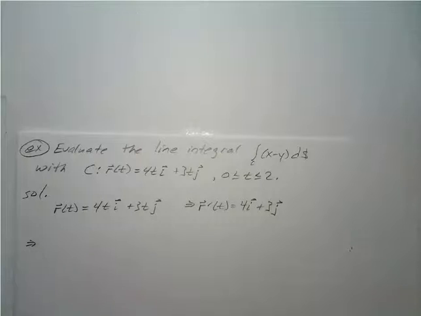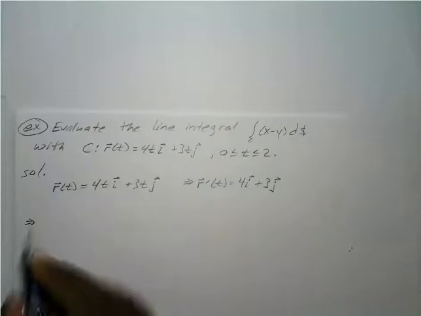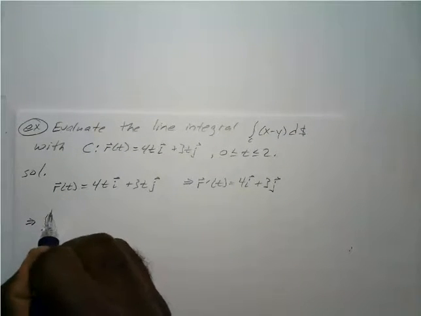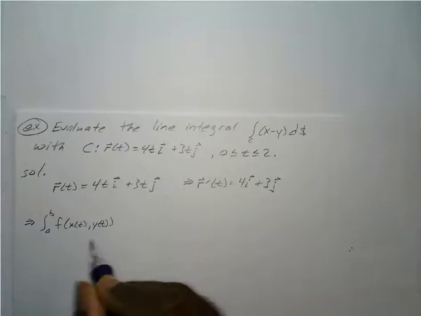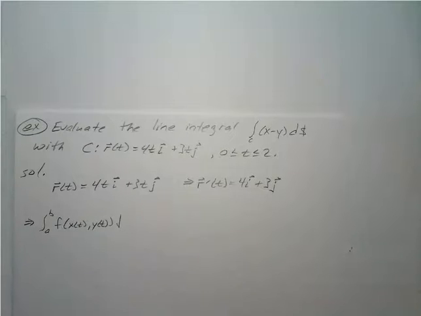Looking at our formula, we have the integral from a to b of f of x of t, y of t, times the square root.